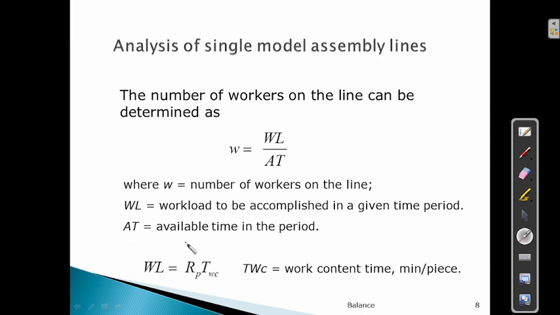AT is the available time in that particular period. So WL is equal to Rp into TWC. Here TWC is the work content time with the units of minutes per piece.